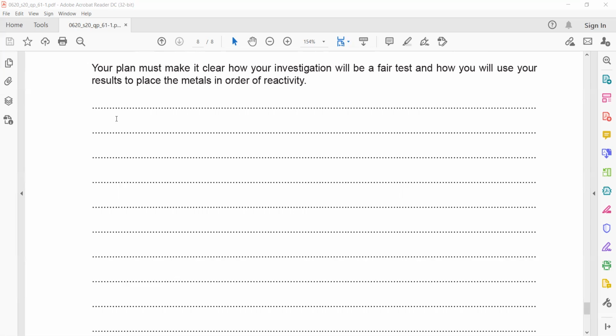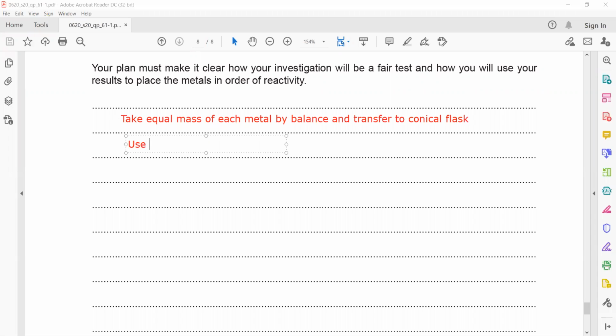So first we'll take equal mass of each metal by balance and transfer to a conical flask. So we took equal mass of each metal and then we transferred that into a conical flask.